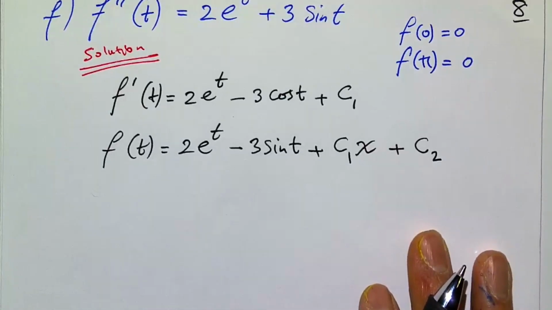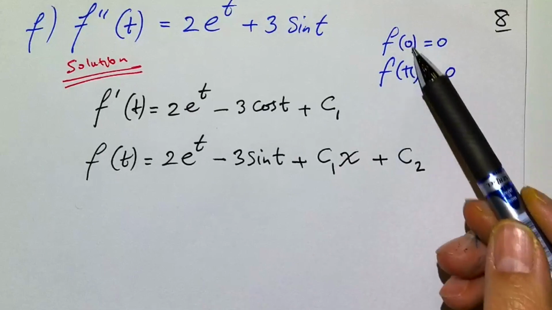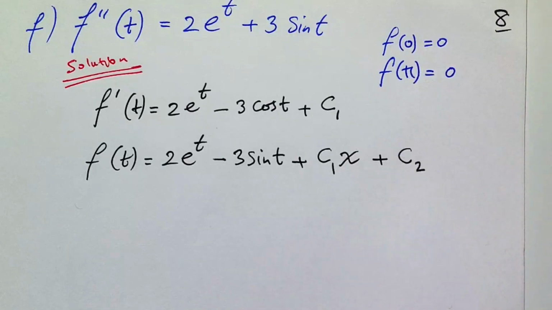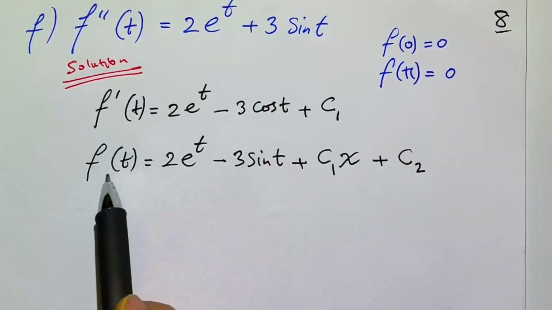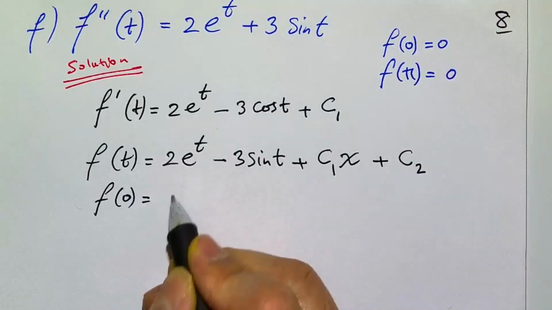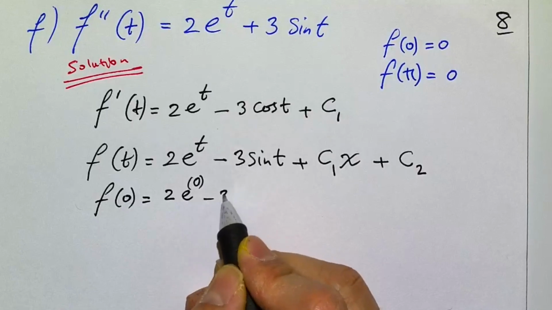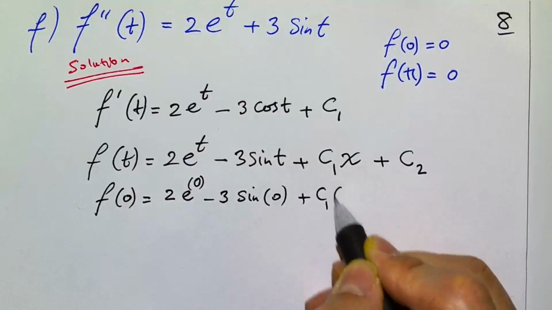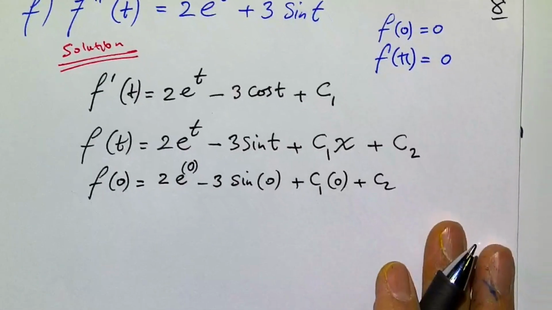Okay, so now we can use this additional information to find c1 and c2. So let's do that. This original function at 0 is 0, so f at 0 is 2 times e to the 0 power minus 3 times sine of 0 plus c1 times 0, plus c2.